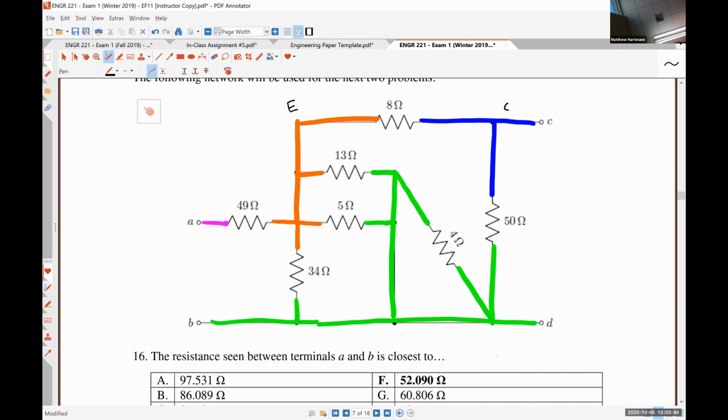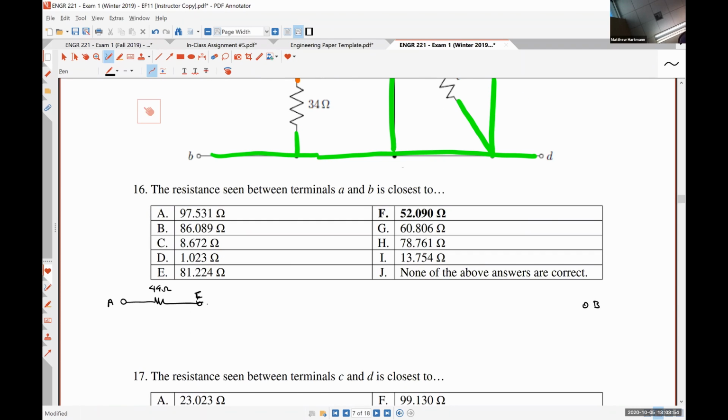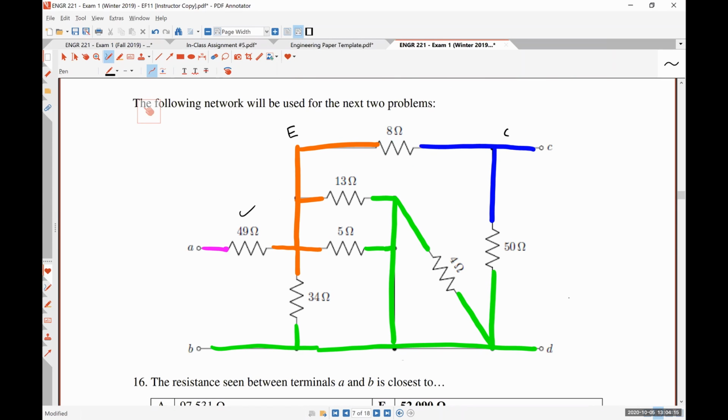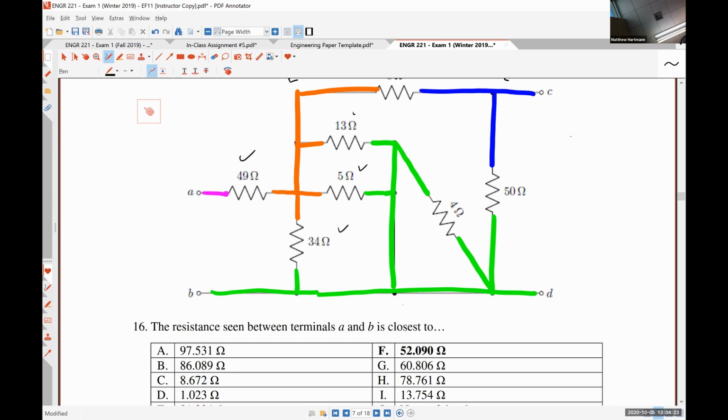So E to B through the 13, through the 5, or through the 34. This guy taken care of, this guy, and this guy, or I can go from E to C to D.